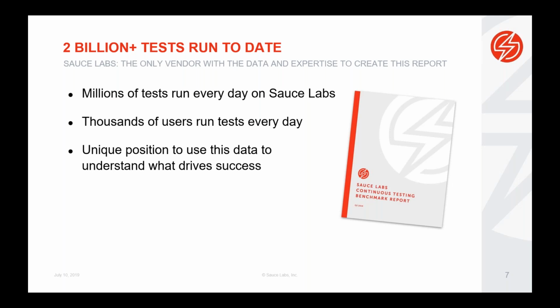So we see all kinds of tests on all kinds of sites and applications happening all the time. And what makes us really uniquely positioned to offer this insight is that we are able to see which tests are passing and failing, which tests are longer, and what effectively contributes to continuous testing success in your organization. Nikki, could you proceed to the next slide, please?